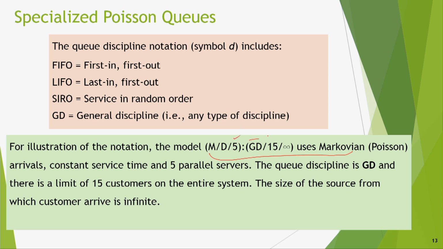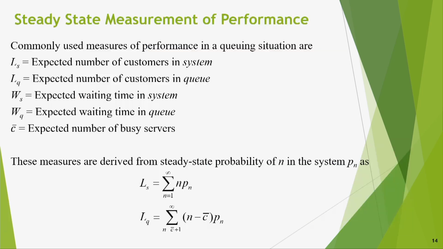Queue discipline is GD, general discipline, and there is a limit of 15 customers on the entire system. The size of the source from which customers arrive is infinite. That is why I wrote infinity. That means size is infinite. Like you have got a very big city, so no problem, people can keep coming. Almost infinity you can consider.